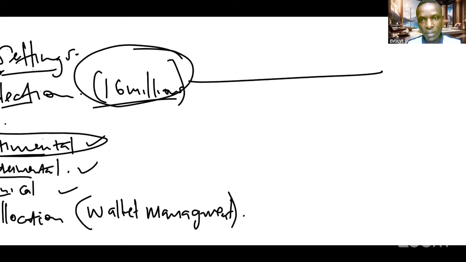Okay. So coin selection option number one. You discover yourself and how you pick your coins. Am I clear? Give me a yes if you are getting me.